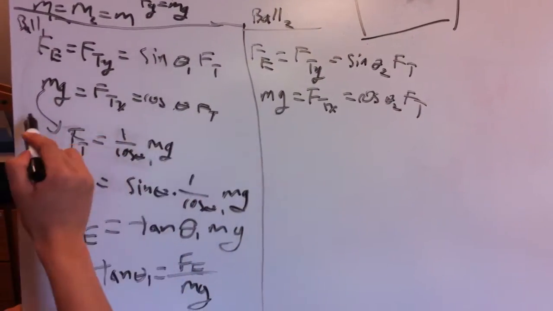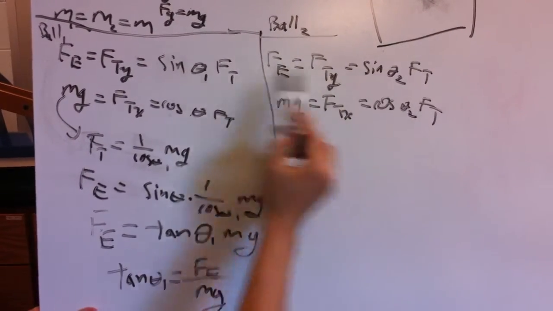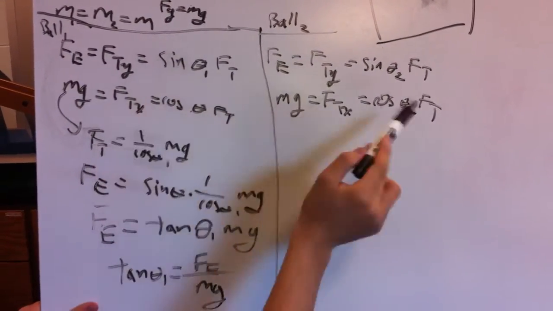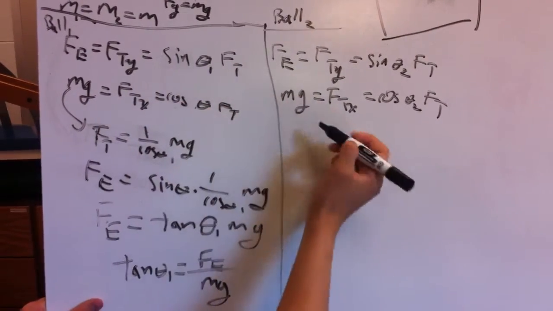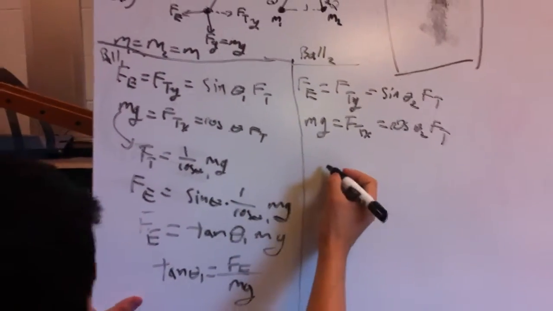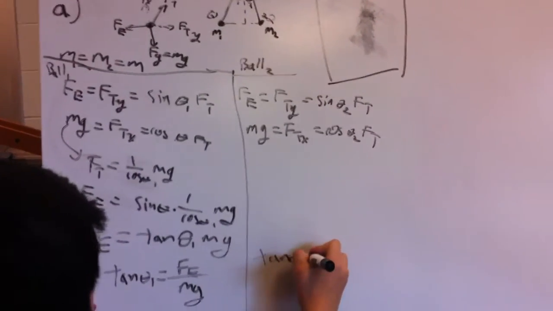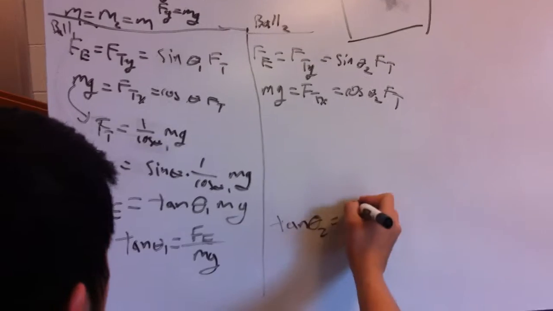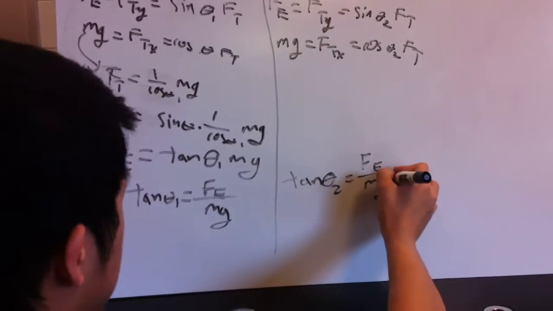The only difference between ball 1 and ball 2 in this particular equation is that one is theta 1 and one is theta 2. The actual equations are both the same. So if we apply the same process from ball 1 onto ball 2, we can deduce that tan theta 2 also equals Fe over mg.